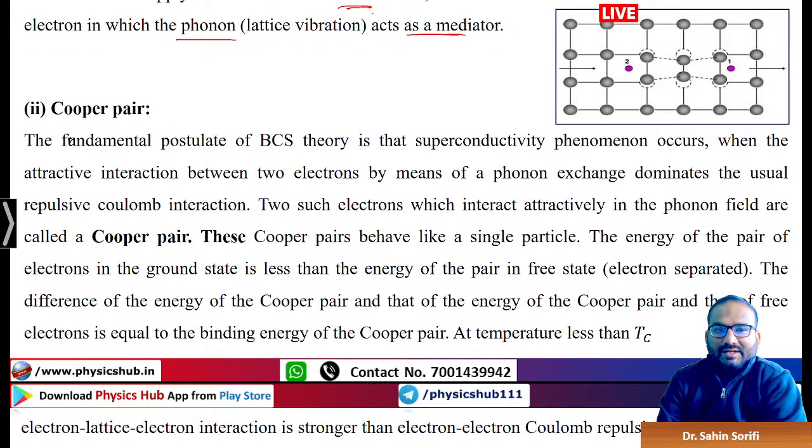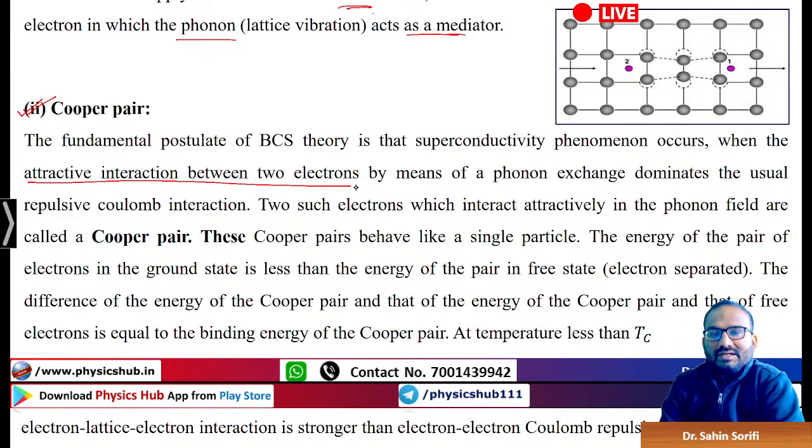Second is the Cooper pair. This is one of the most used terms in superconductivity. The fundamental postulate of BCS theory is that superconductive phenomena occur when there is an attractive interaction between two electrons. You know electrons generally repel, but under certain conditions two electrons can make a pair and attract each other.